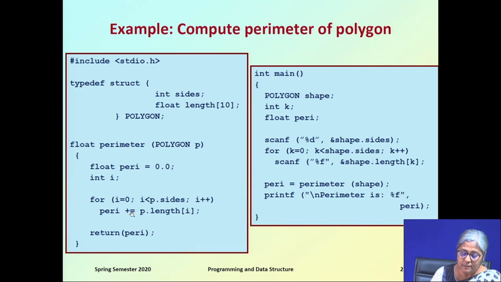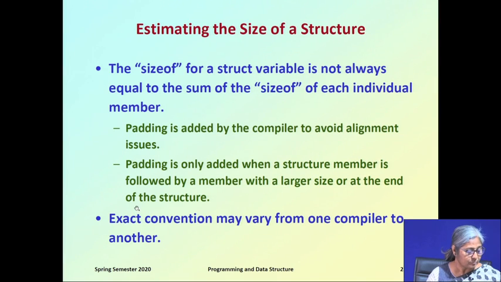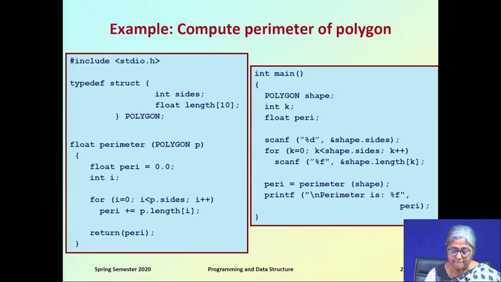Then peri is equal to peri plus p dot length i. Because p dot sides will give the number of sides, when i equal to 0, this is length 0, and initially peri was initialized to 0.